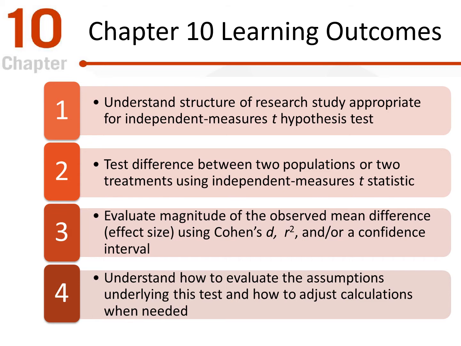Effect size is calculated using either Cohen's d or r squared. Sometimes people will calculate a confidence interval to say that we're 95% confident that the true population difference is between these two boundary points. But really, the main versions of effect size are Cohen's d and r squared.